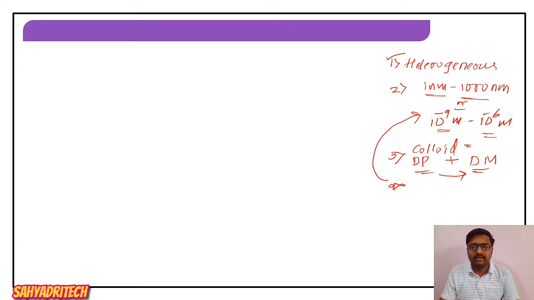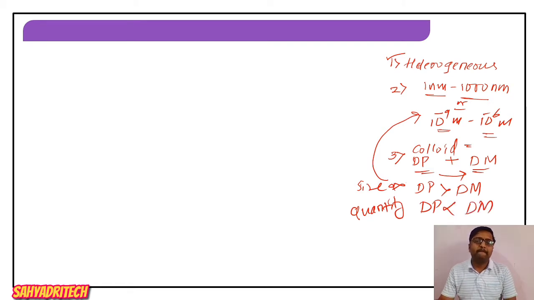If I compare the size of dispersed phase and dispersion medium, whose size is more? The dispersed phase has a larger size compared to dispersion medium particles. And regarding quantity, dispersed phase particles are less in quantity compared to dispersion medium particles. That is about what we discussed in the last class.